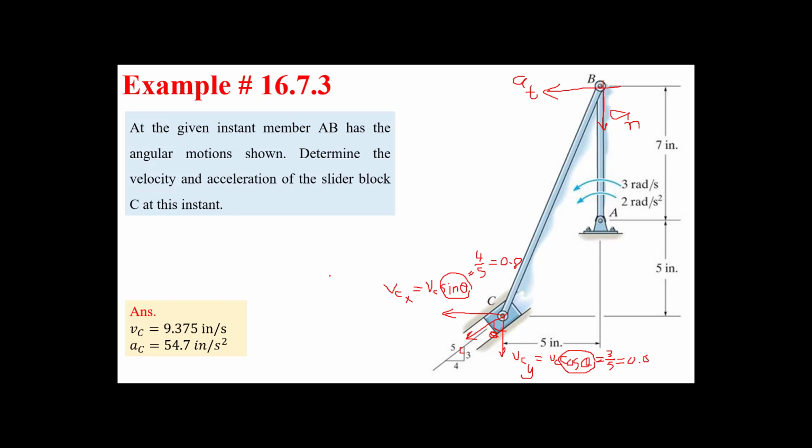As a result, VC has two components, one in the negative x direction, and this is equal to minus 0.8 VC in the i direction, plus the other component, which is minus 0.6 VC in the j direction.